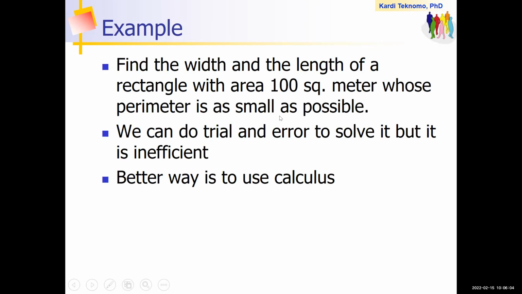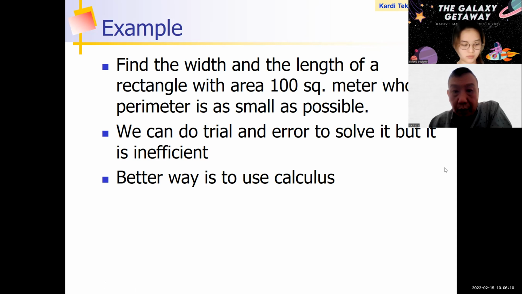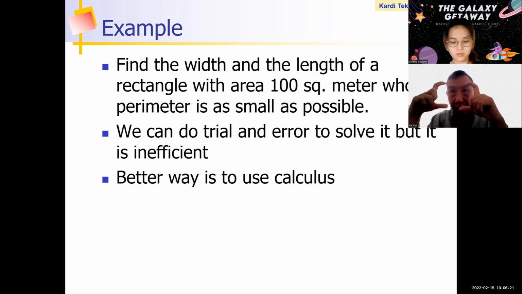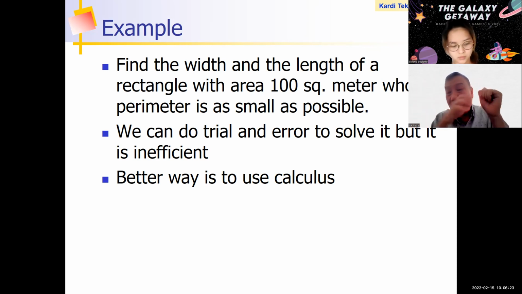We want to know the perimeter. So you know the equation of perimeter in a rectangle. Suppose you have the width and the height. What is the equation of perimeter?